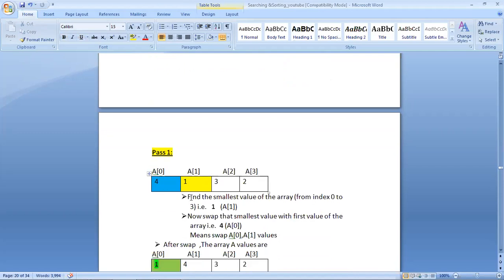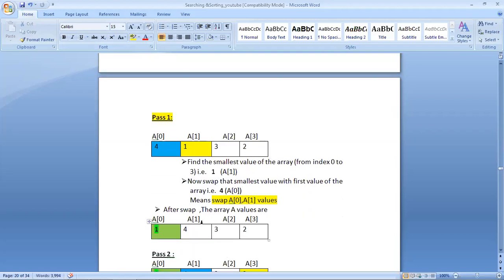If you carefully observe what we have done, we find the smallest value of the array, that is 1. 1 is there at a of 1. So a of 1 value is 1, the smallest value. Now swap that smallest value with the first value of the array. The first value of the array is 4, which is there at a of 0. That means we have to swap a of 0, a of 1, the first value and the smallest value of the array.